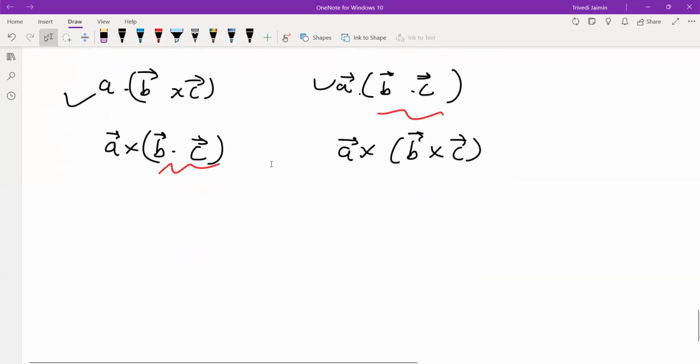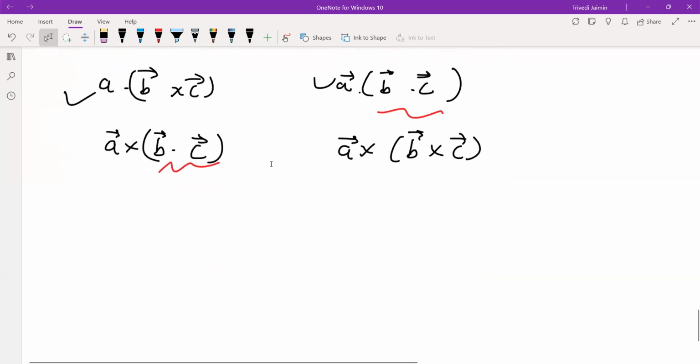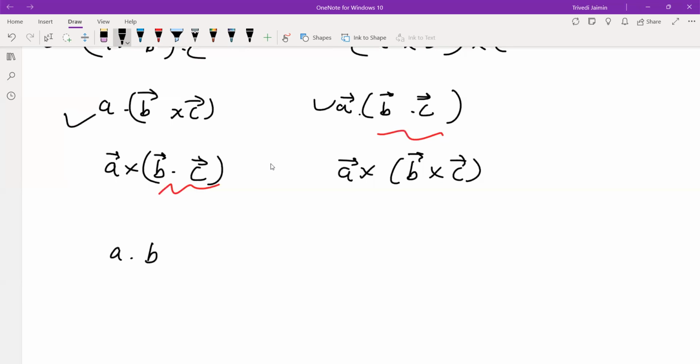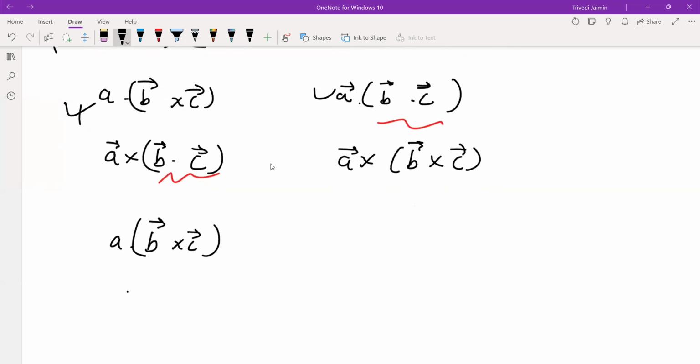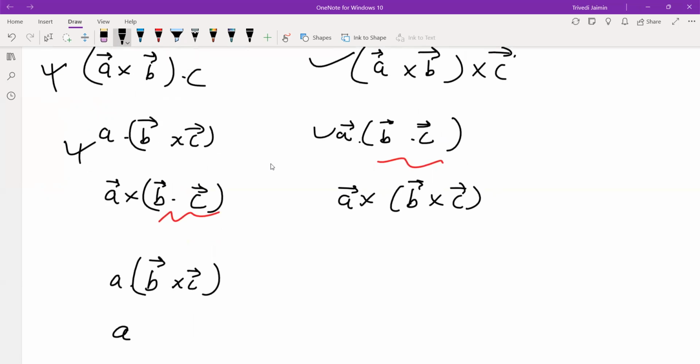So let's write A cross B dot C and A dot B cross C. These two are done.